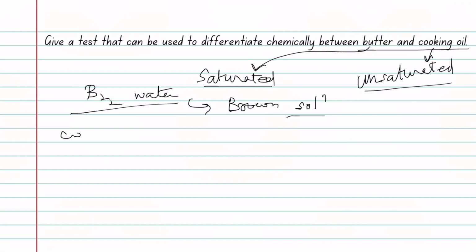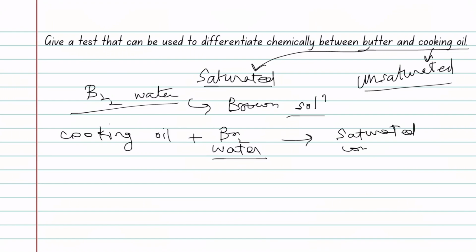So your cooking oil, which is an unsaturated compound, will combine with bromine water, where the bromine atoms will get added across the double bond in the cooking oil and it will turn into a saturated compound. In the process, bromine water will get consumed.